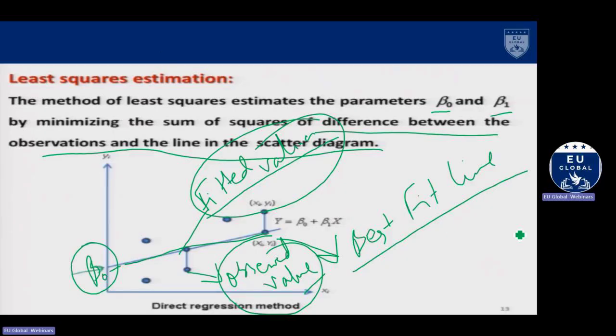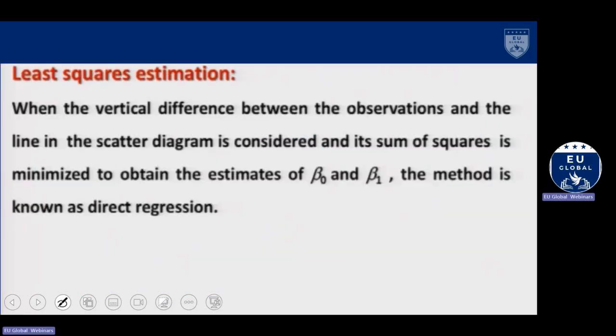In the scatter diagram we see the points and then we create a best fit line. In the best fit line, we see what is the difference between the fitted value and the observed value. So this difference should be minimum in order to find the least square estimation.